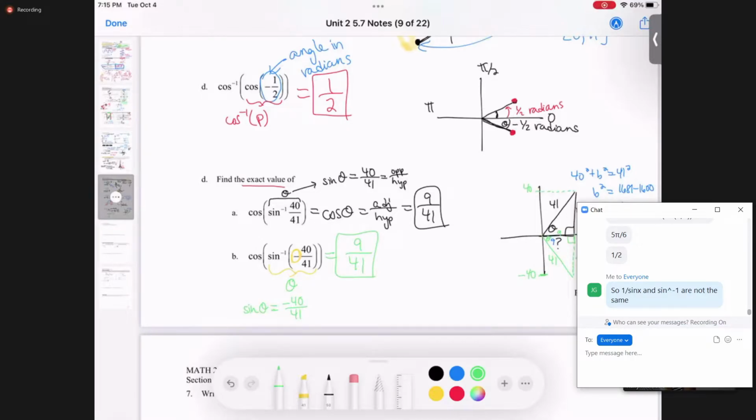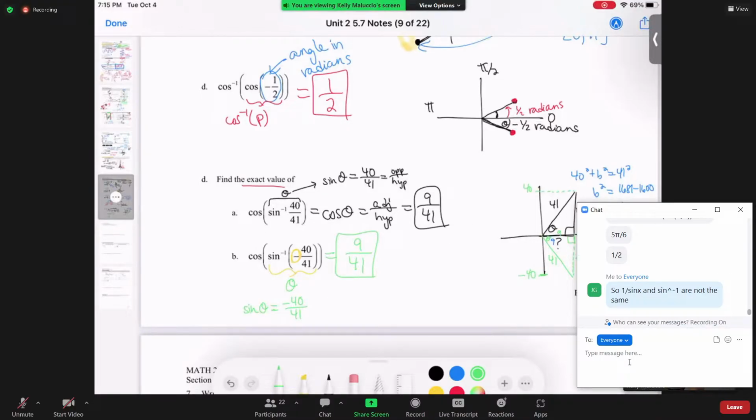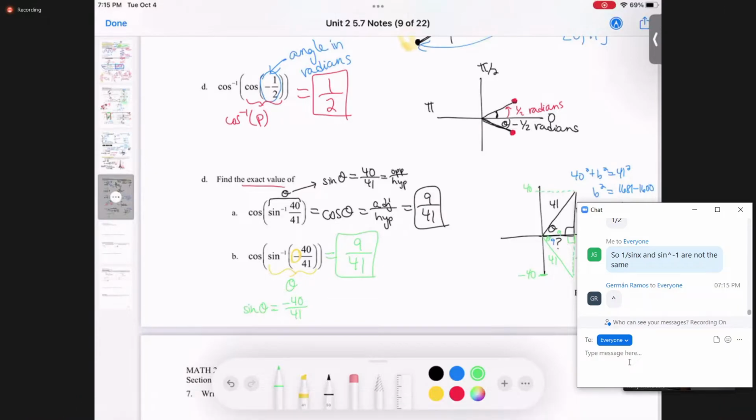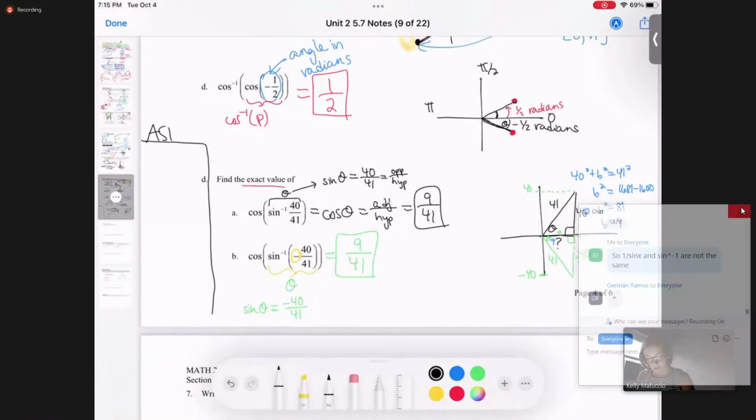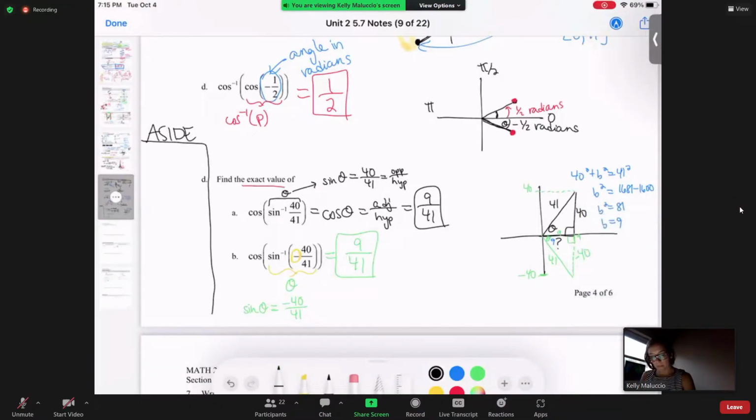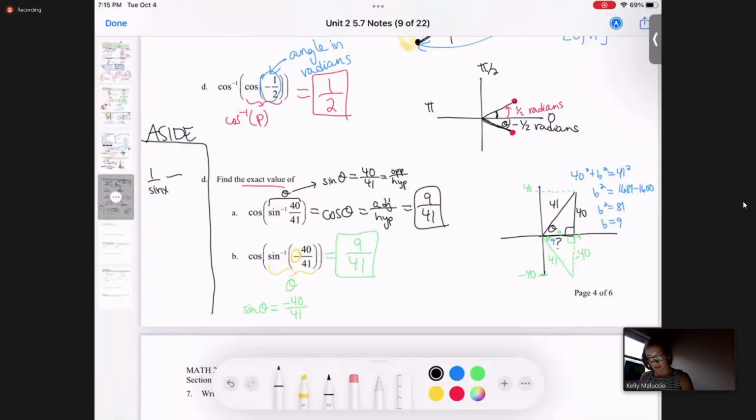So let's emphasize what Joseph just said, as an aside: 1 over sine x is not equal to sine to the negative 1 of x, which I know is not intuitive.